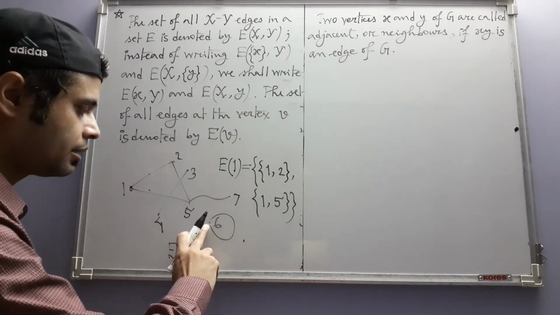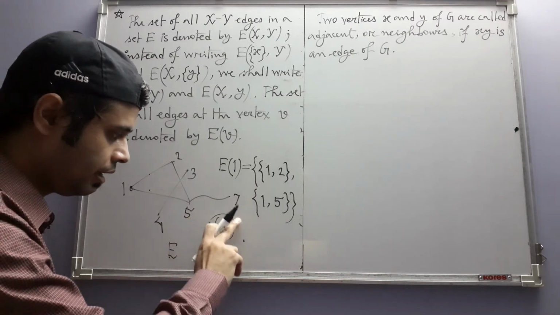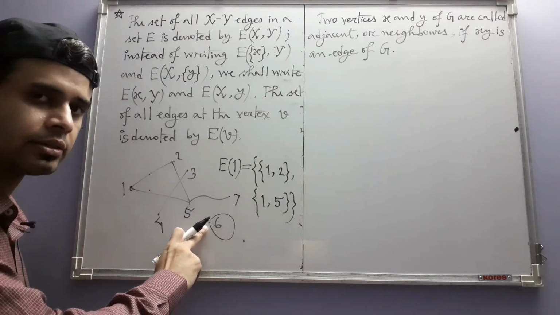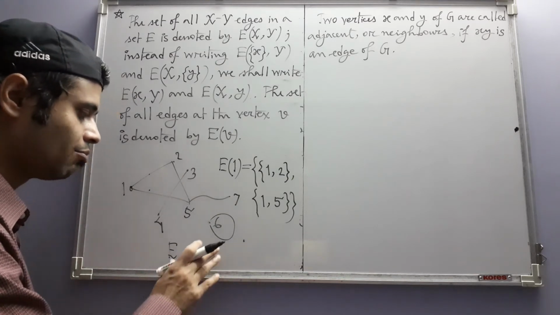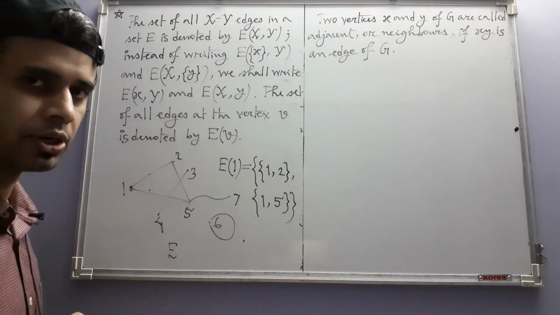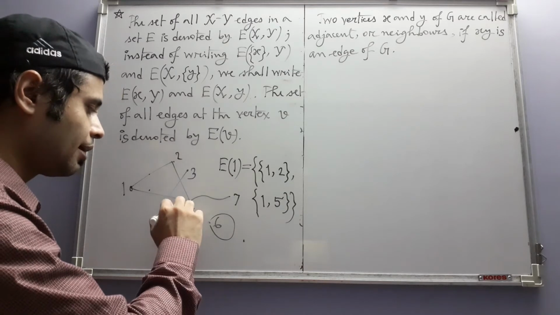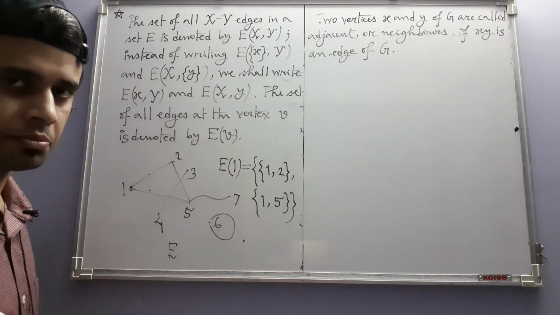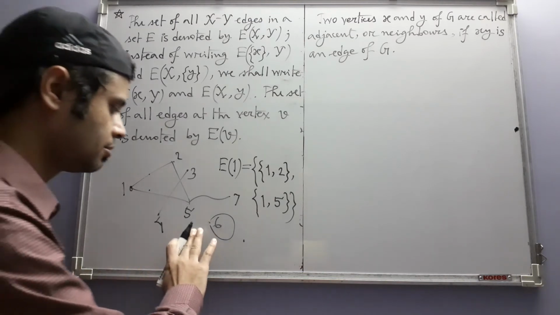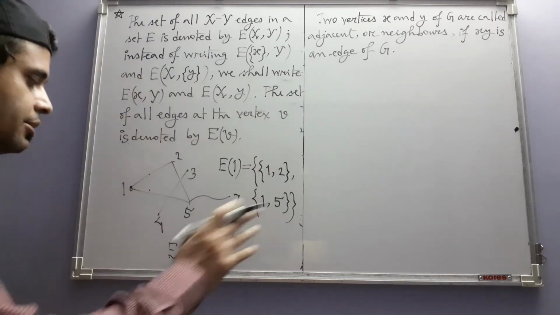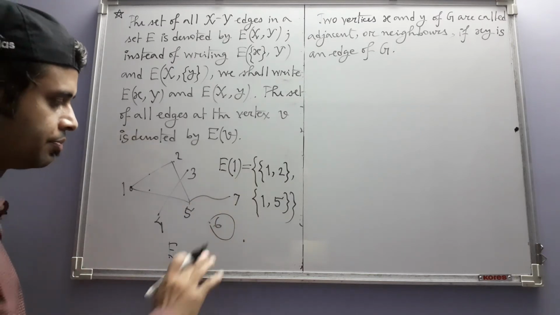So there is no possibility of having a loop where an edge starts at a vertex and ends at that same vertex. According to our definition, each edge must have two distinct endpoints. One more thing is there, we cannot have multiple edges with the same endpoints. That idea is there in a multigraph, where those multiple edges are allowed.